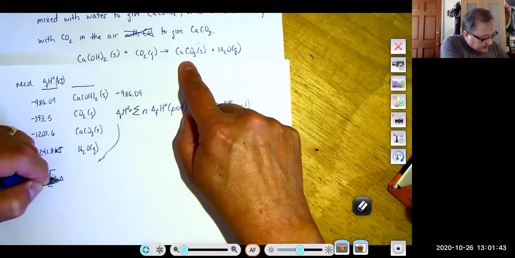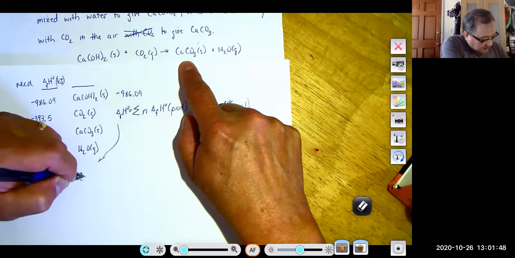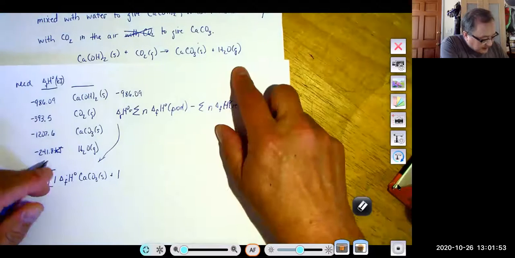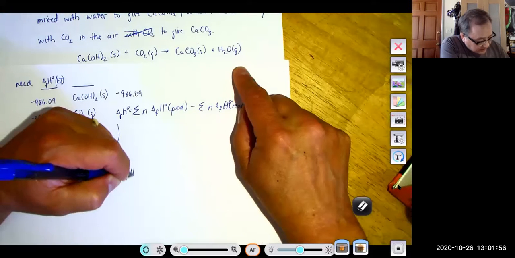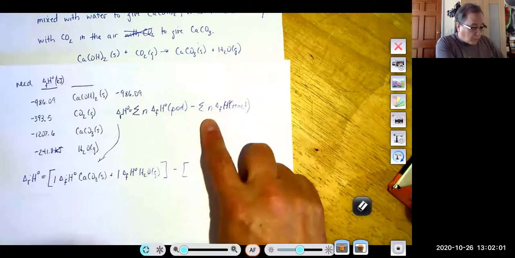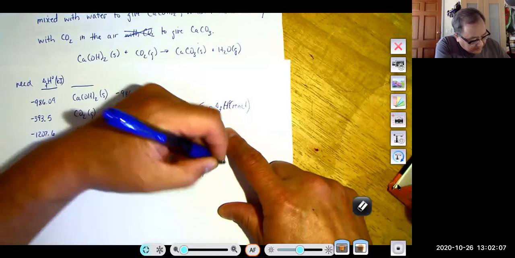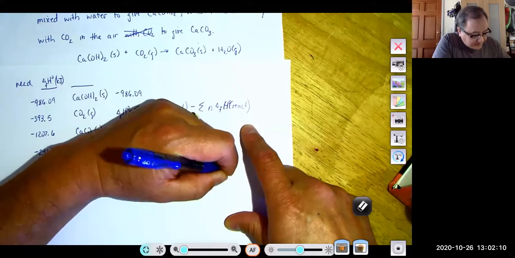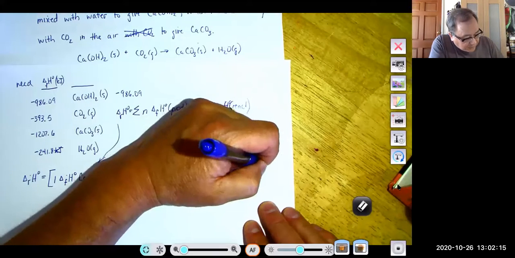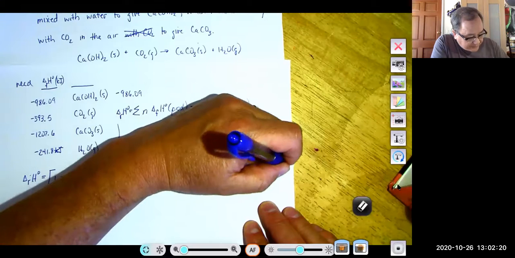So 1 times the enthalpy of formation of calcium carbonate solid plus 1 times the enthalpy of formation of H2O gas, and then minus 1 times the enthalpy of formation of calcium hydroxide solid plus 1 times the enthalpy of formation of CO2 gas.